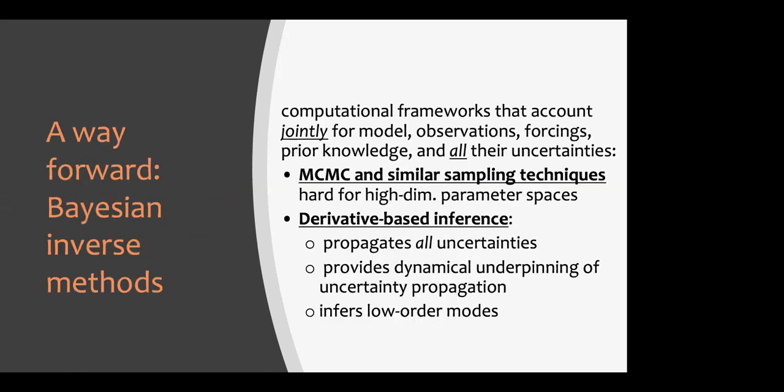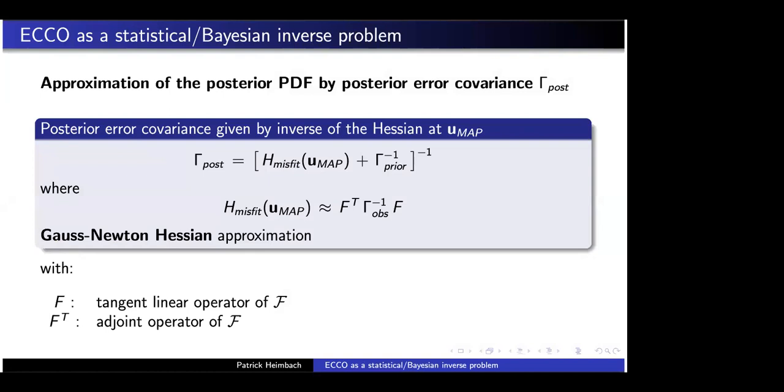And the answer, and I've shown this slide before, is basically, at least with the Gaussian, the posterior covariance that we obtain along with the MAP point. It is one where we have the Hessian of the misfit at the MAP point, combined with the inverse of the prior, and then the inverse of that.